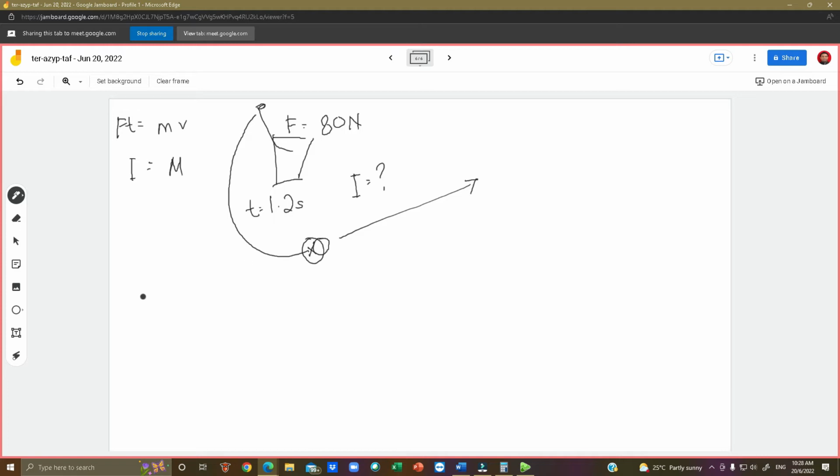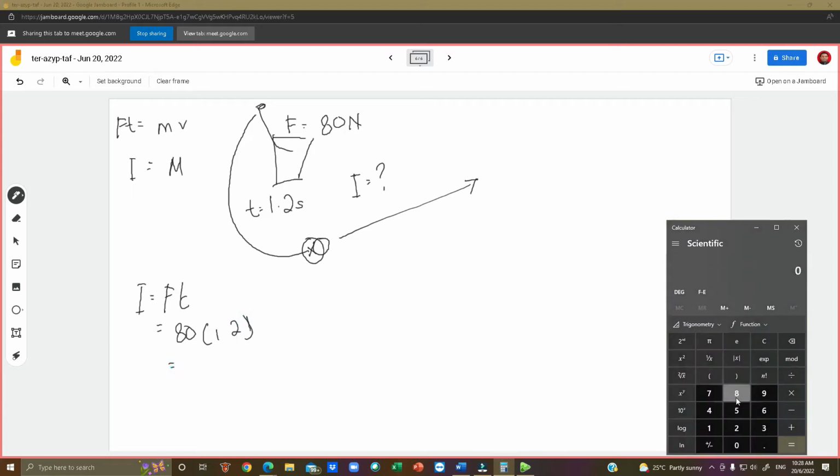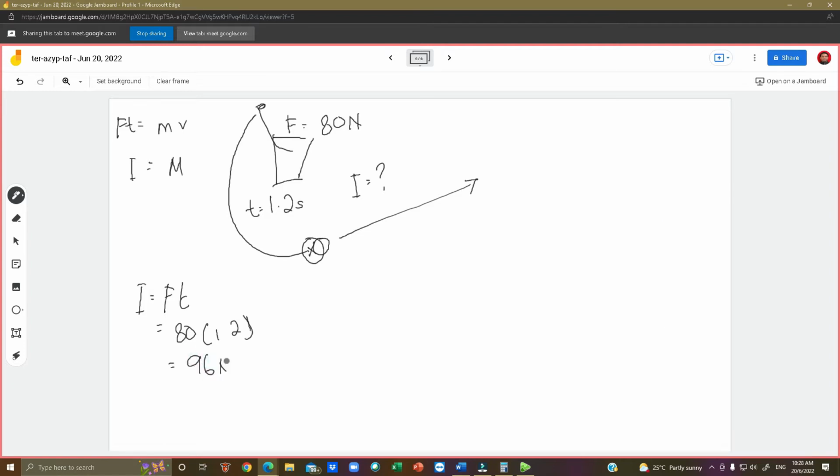Kita akan kira I equals to Ft, where F is 80, T is 1.2. So we have 96 Newton per second. So this is the amount of impulse inflicted to this object.